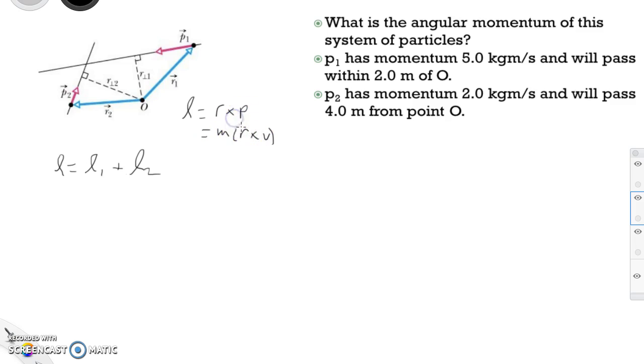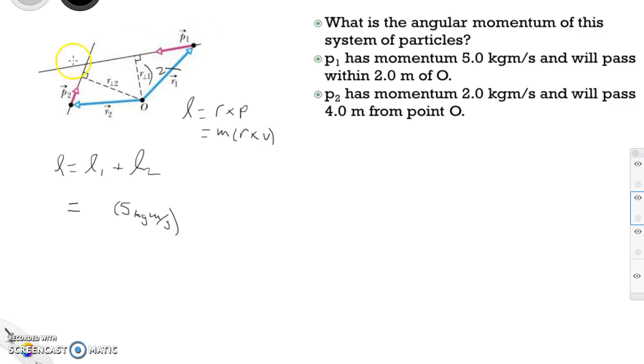And remember that cross means make them perpendicular. Okay, so in this case, we're already given the momentum. Particle 1 is going to have a momentum of 5 kilogram meters per second, and it tells us that it will pass within 2 meters. So what it's saying is this distance here is 2 meters.